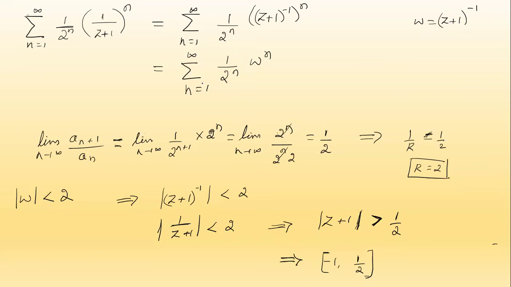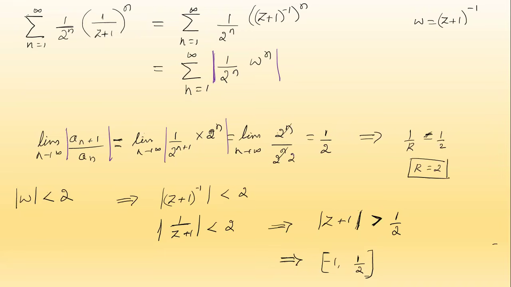It is in the form of summation n equals 1 to infinity, 1 by 2 raised to n, w raised to n. Here they are asking for absolute convergence. Here a_n is equal to 1 by 2 raised to n, therefore a_(n+1) by a_n is 1 by 2 raised to n plus 1 into 2 raised to n.